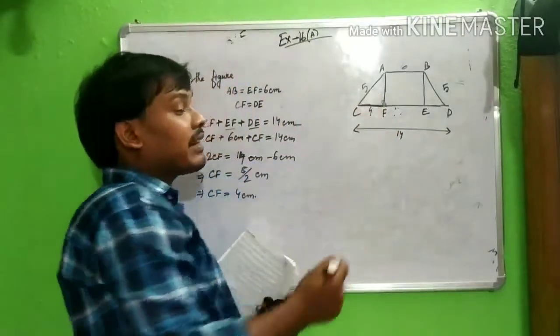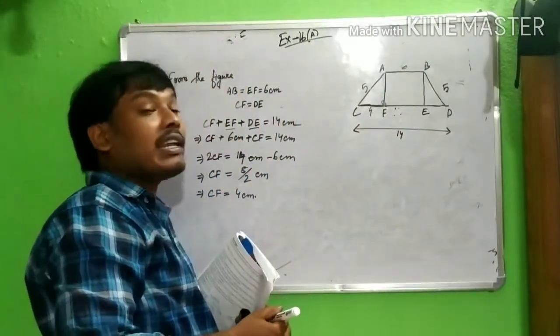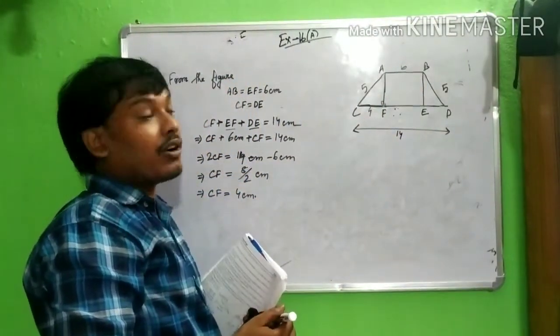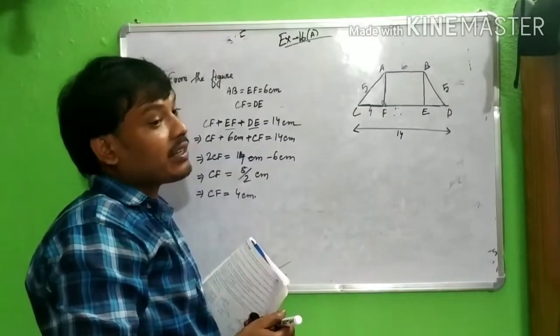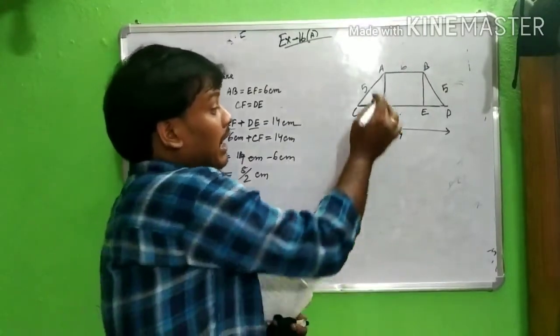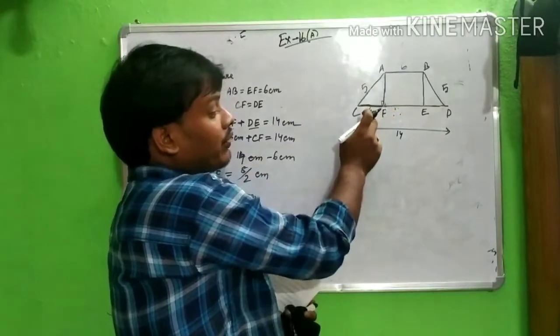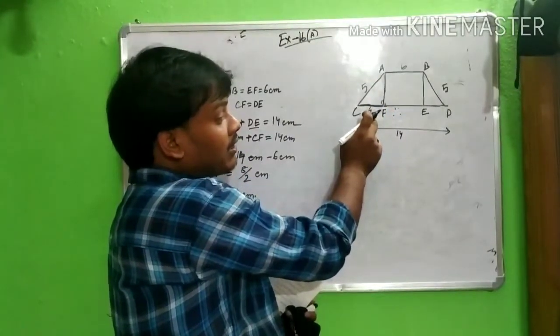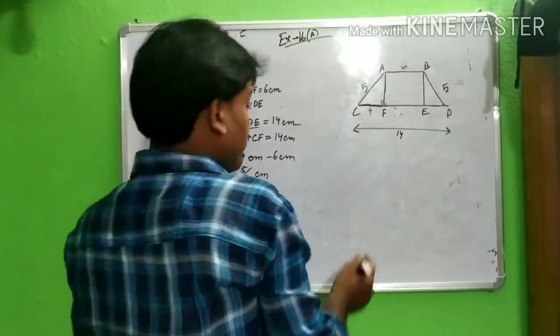Since it is a right angle triangle, we can use here the Pythagoras theorem. What is the Pythagoras theorem? Hypotenuse square equals length square plus breadth square.